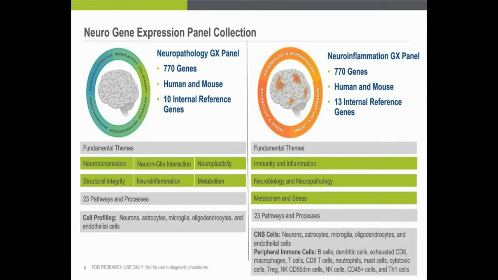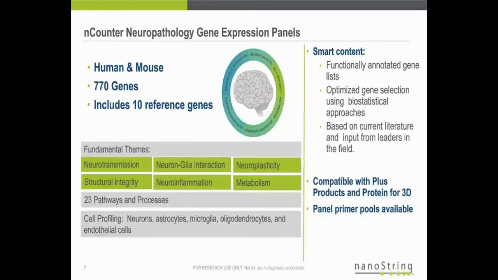Start with the neuropathology panels. Here we've designed a panel for human and one for mouse. Each contains 770 target genes, including 10 reference genes that were carefully chosen by taking into account the stability of expression across a wide range of neuropathological conditions. We also build in a series of positive and negative controls into every assay on top of the 770 mentioned genes.